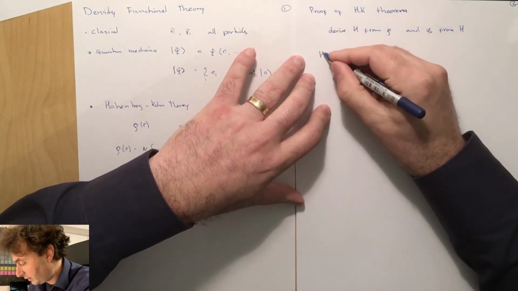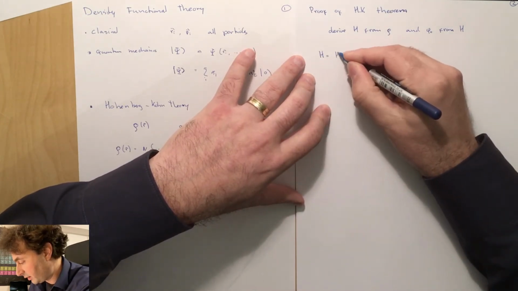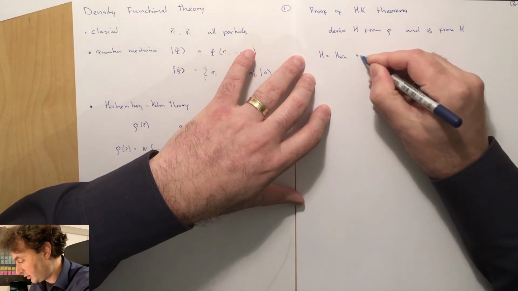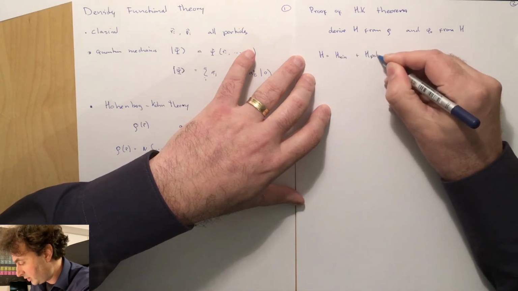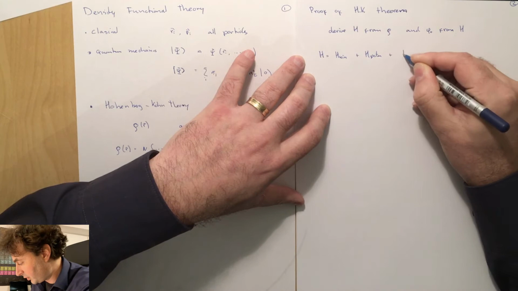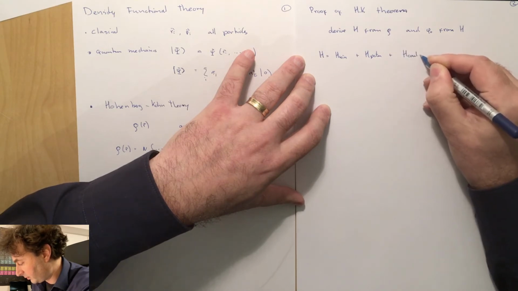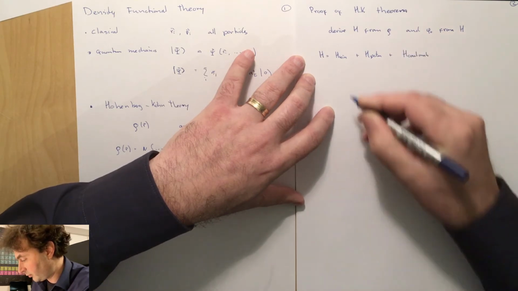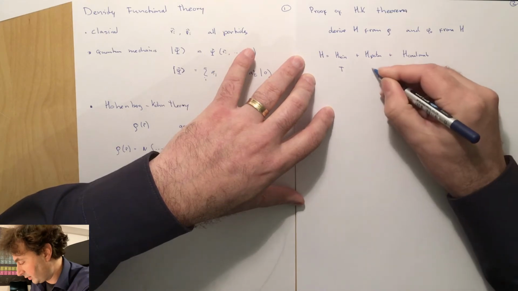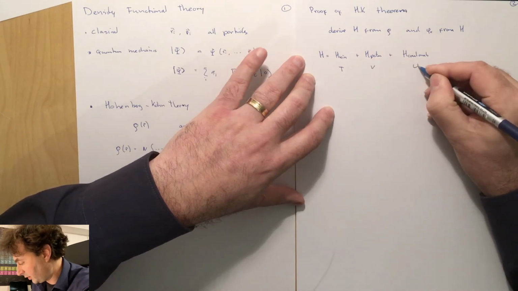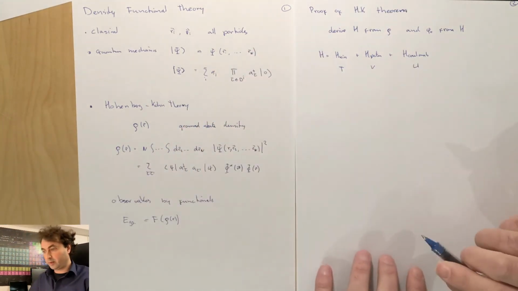When we do this, we can look at our Hamiltonian, which is given as a sum of the kinetic energy plus the potential energy plus the Coulomb interaction. And I'm going to use here the letters used in the literature for density functional theory.